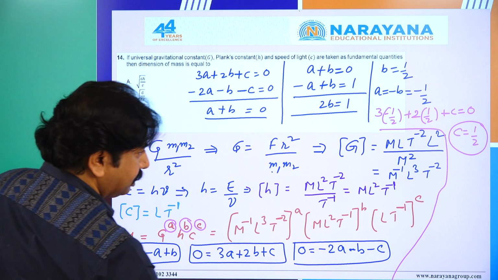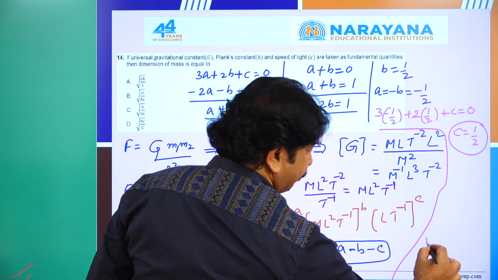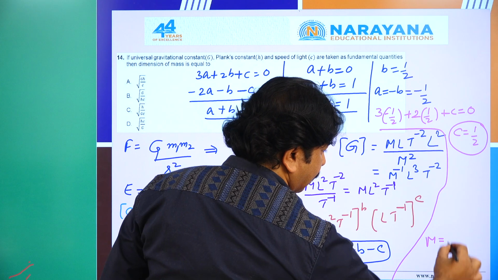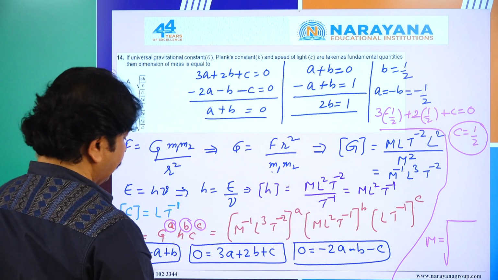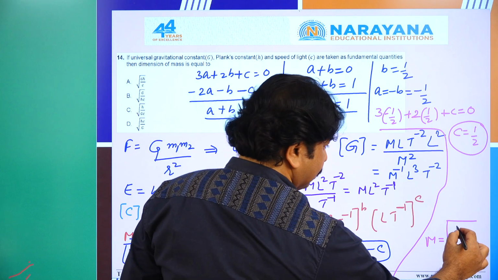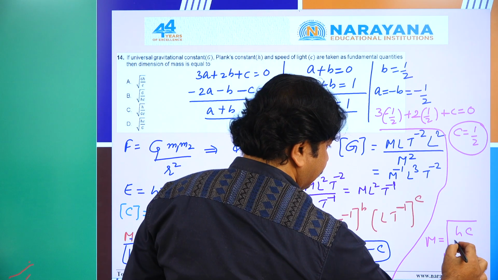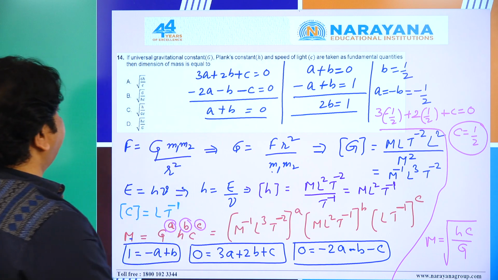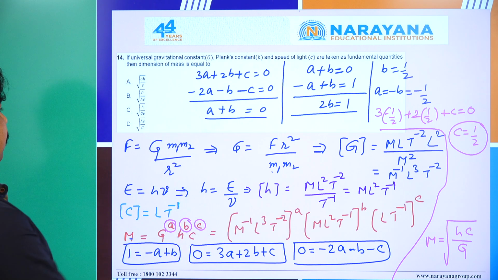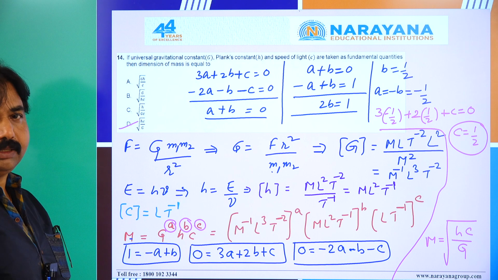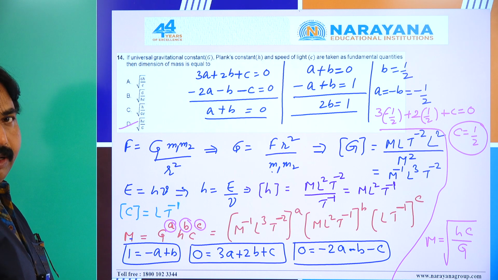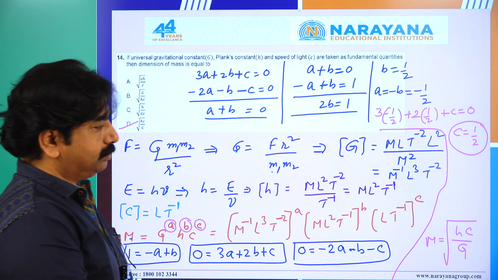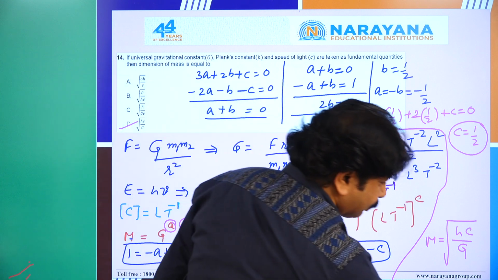The final answer is m is equal to under root of hc by g. Since b and c are positive, that is the fourth option, the correct answer. This is the approach of the question. Now next question.